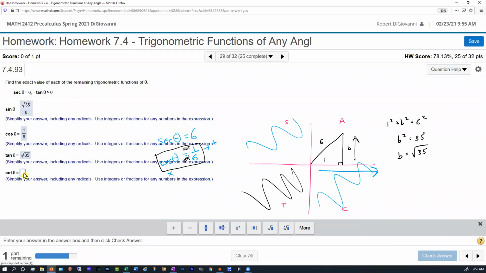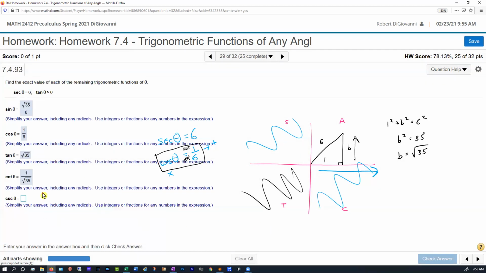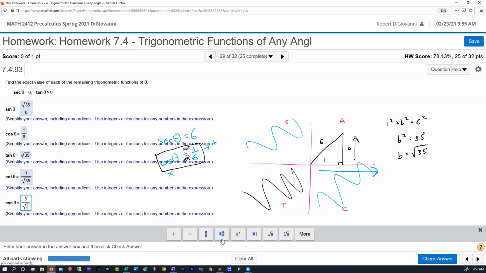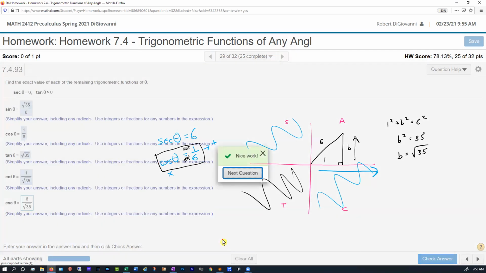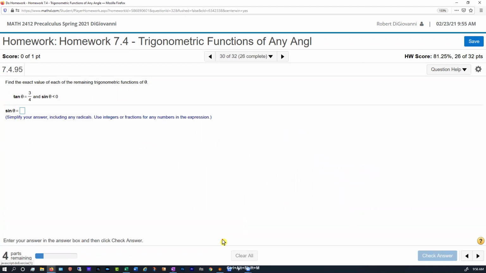Okay, cotangent is 1 over that, flipping over the tangent. And cosecant, just flip over sine, so 6 over √35. All right. I like these.